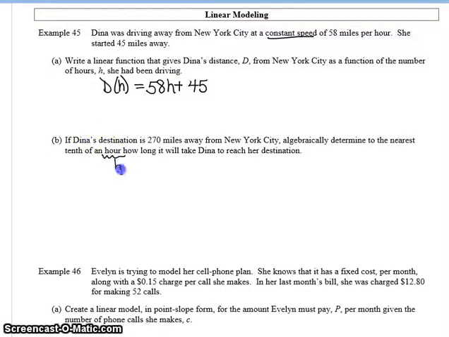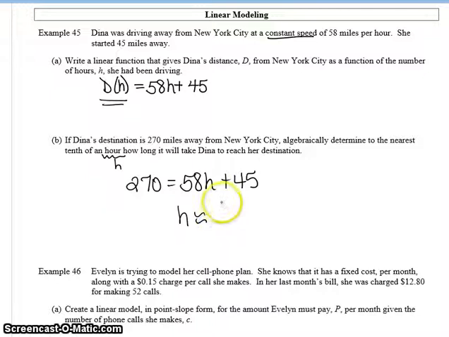So I want you to solve for h. Okay, so it's telling you the total distance is 270, and you set it equal to your 58h plus 45. You can use the calculator and solve. If not, subtract 45 from both sides, divide by 58. You're going to get that it's approximately 3.9 hours. Okay, because again, you're just solving for h. It did say tenths, that's why I'm telling you 3.9.